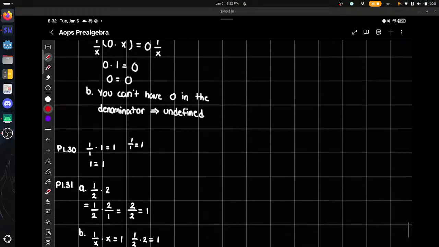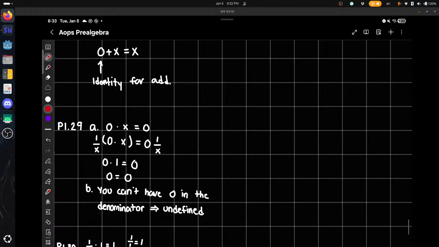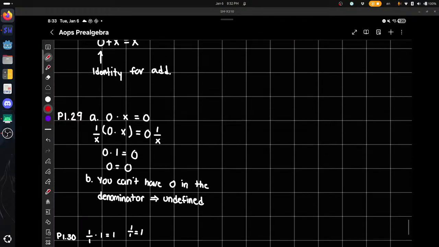We know that 0 times any number is 0. Oh wait, if the number 1/0 existed, then 1/0 times 0 would have to equal 1. But recall part A, the product of any number and 0 must be 0, so 1/0 cannot exist, therefore 0 cannot have a... Oh wow!